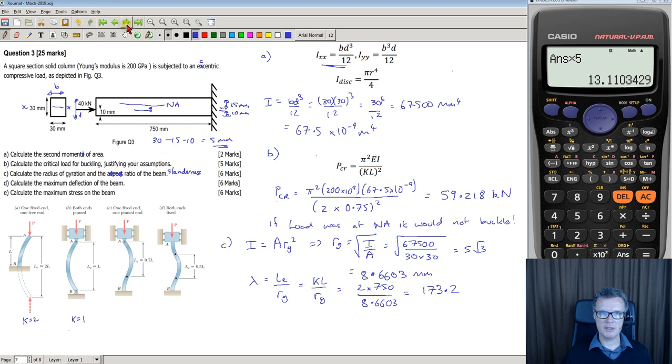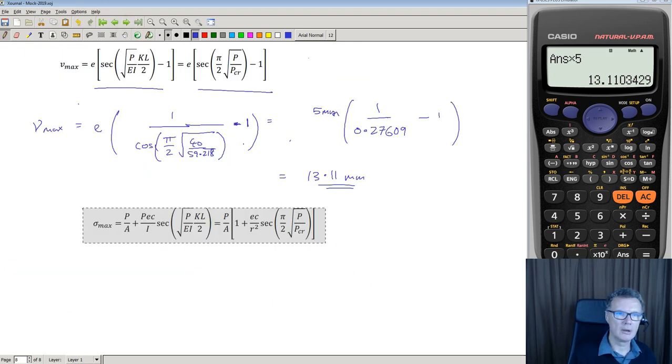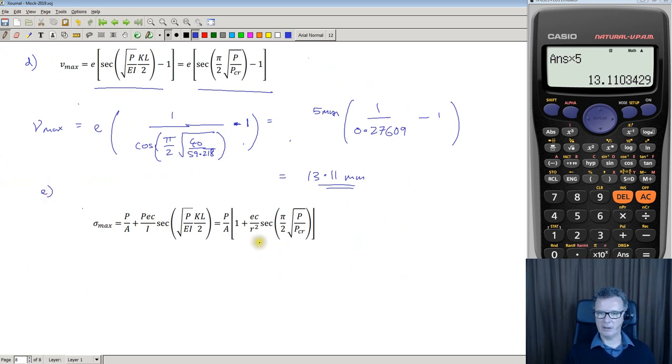So that's part d, now we're on part e. And again, it makes sense to be using this one because we've worked this out there, haven't we? So let's do that. This is going to be straightforward. Let's plug in our numbers.